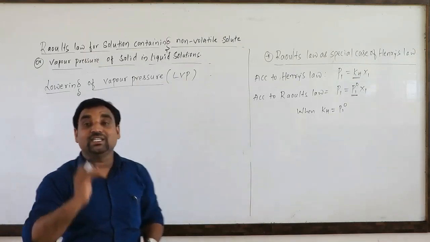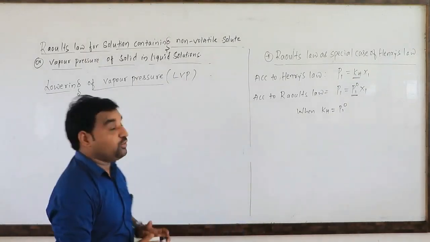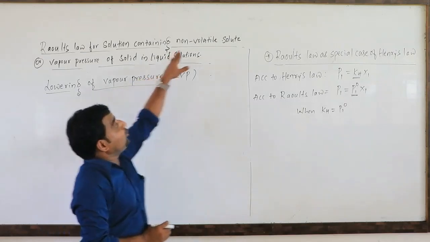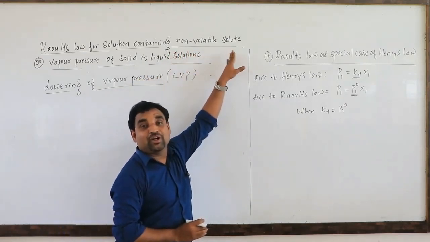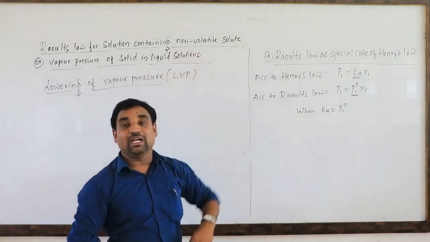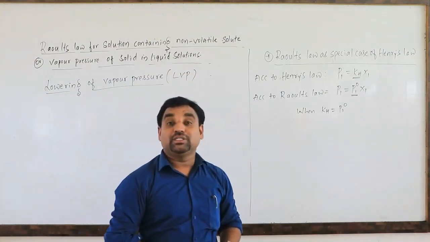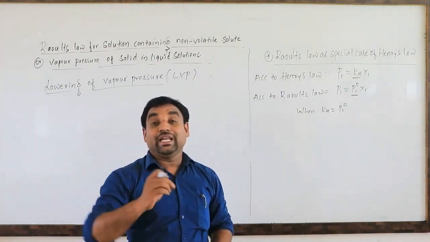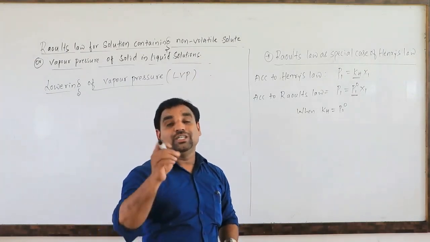Lowering in the sense decreases. Why does the vapor pressure of the solution containing a non-volatile solute decrease? Because of the presence of the non-volatile solute, the total vapor pressure decreases. That decrease is directly proportional to the solute dissolved in the solution.